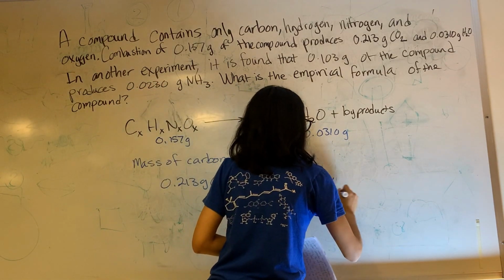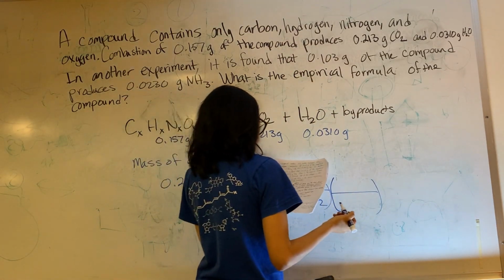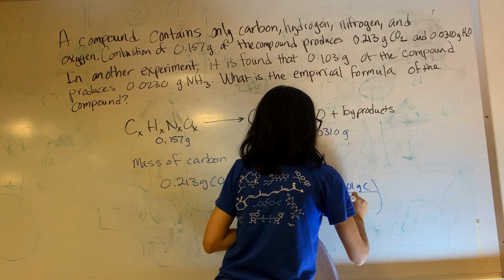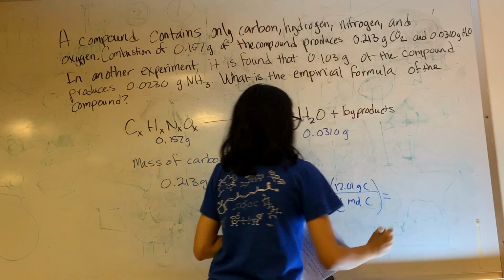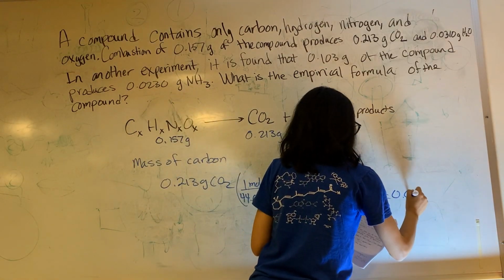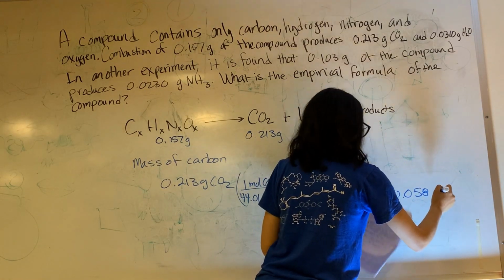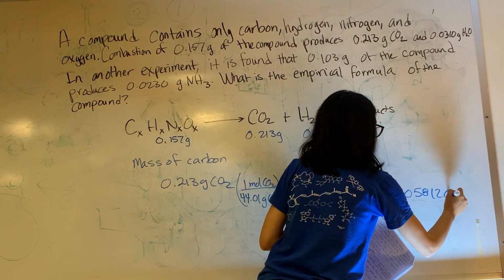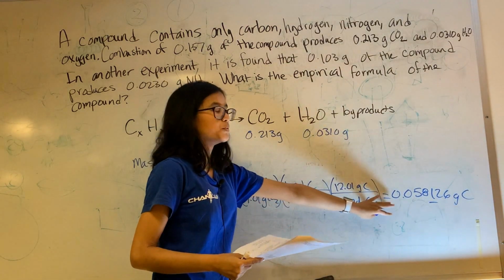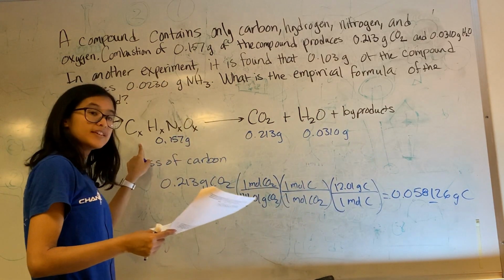And then finally, because we're looking for mass percents, right? We're looking for the mass of carbon. We're going to convert this to grams. All right, so that should all cancel out and give us 0.0582126 grams of carbon. All right, so we're assuming that this is all the carbon that was in this sample.